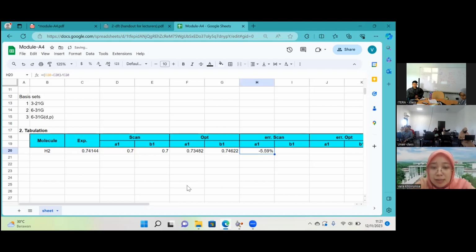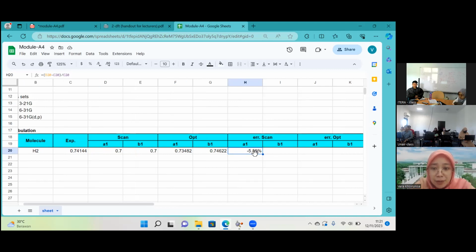So the error is 5.59%. And we can also do the same here, minus experimental divided by experimental.